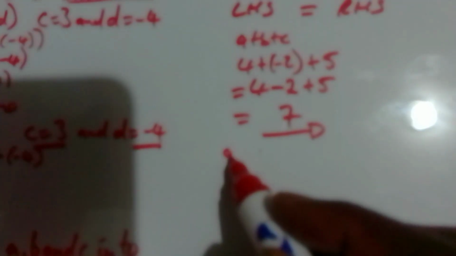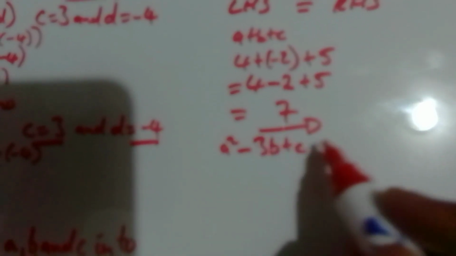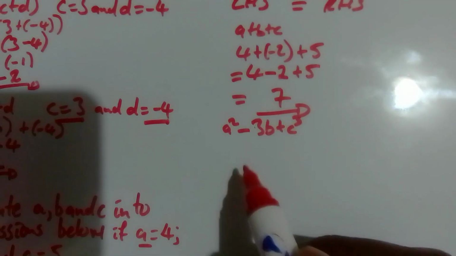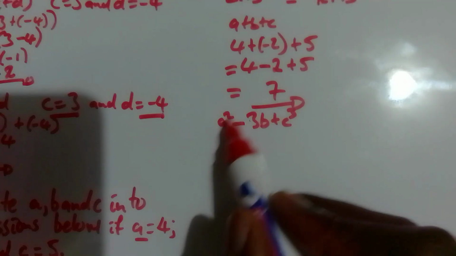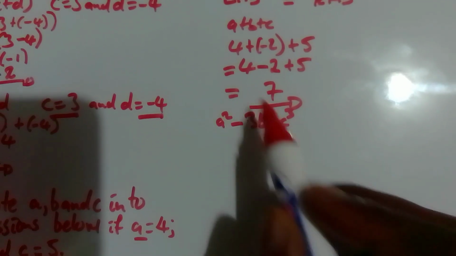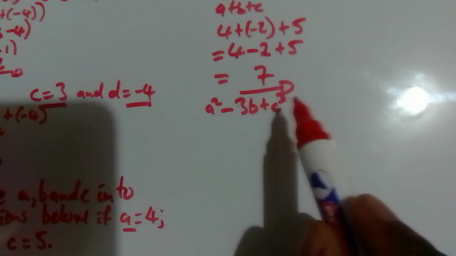Now let's go to b. B states that we have a squared minus 3b plus c to the power 3, or c cubed rather. Okay, a squared. We dealt with exponential form in grade 7.